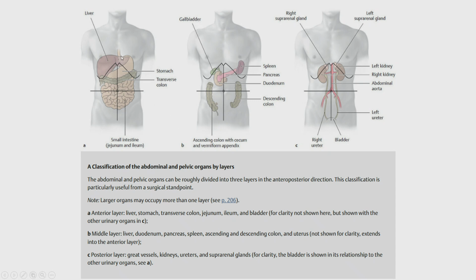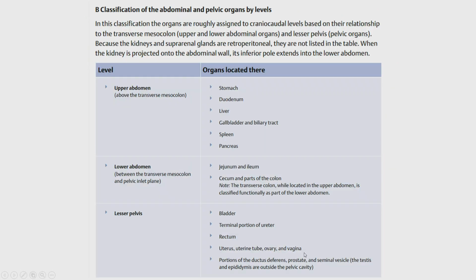Those are the superficial or anterior layer organs. Here are the middle layer organs, and the deepest, the posterior layer, contains the kidney, retroperitoneal organs, and vessels. Here are the structures that you have.